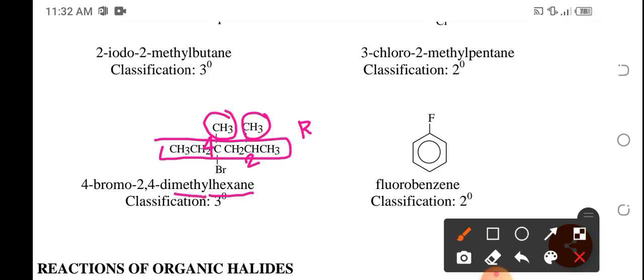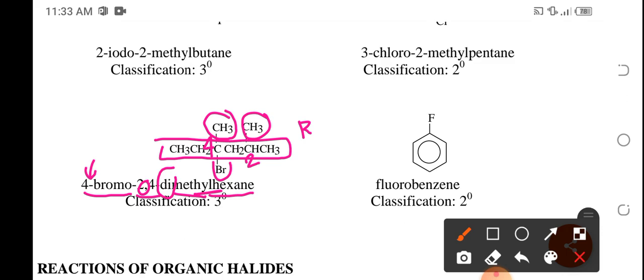So these two are methyl. We are using di to denote that there are 2, and they are on the second and on the fourth carbon atom. On the fourth carbon atom as well, we have bromine, so that's 4-bromo-2,4-dimethylhexane. Dashes are still used to separate word from a number, and commas are used to separate number from another number.